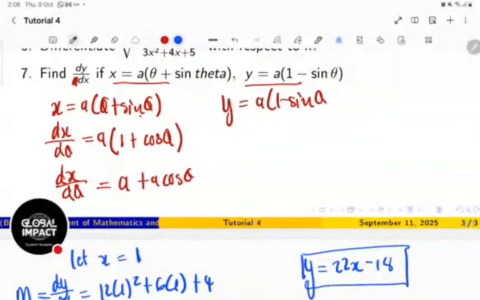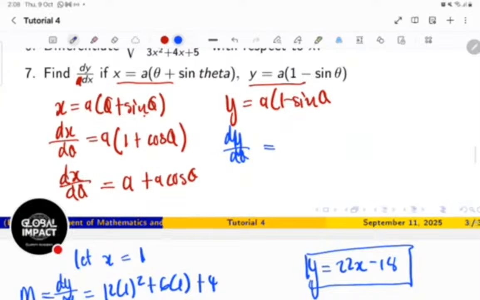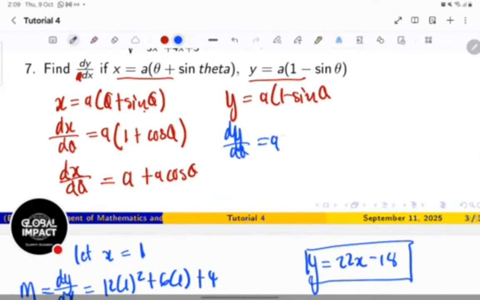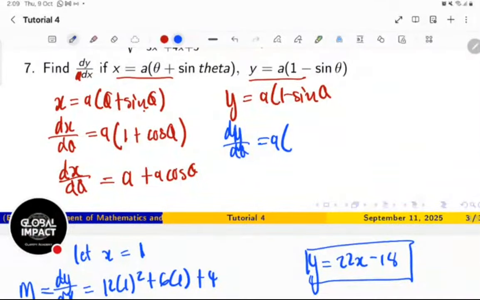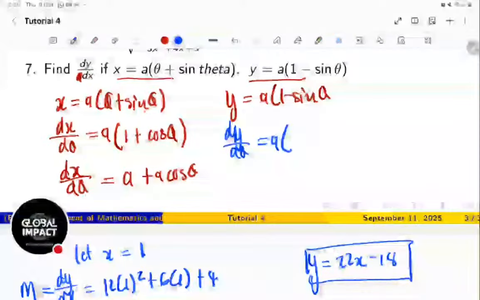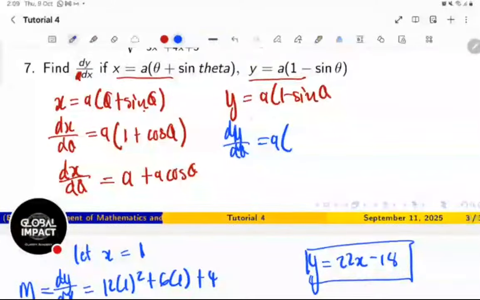Can we differentiate this? Yes, to get dy/d theta, because y is in terms of theta. This is going to be equal to a, which is a constant and won't go anywhere, times the derivative of 1, which is nothing, 0, minus the derivative of sine, which is cos theta.